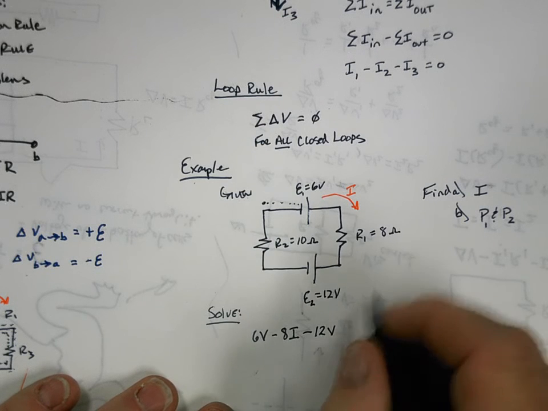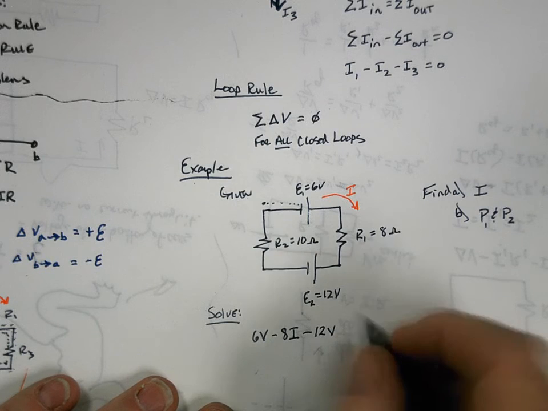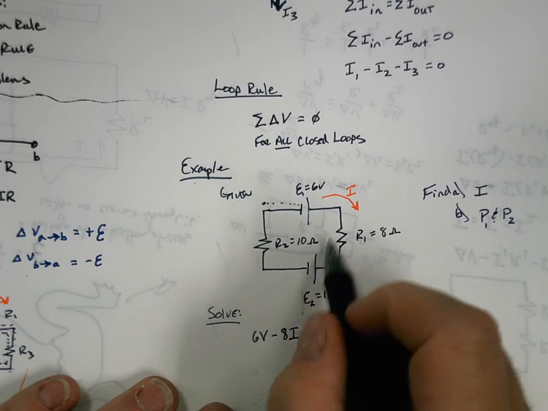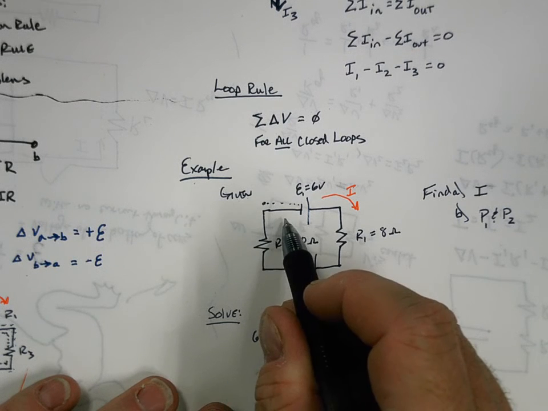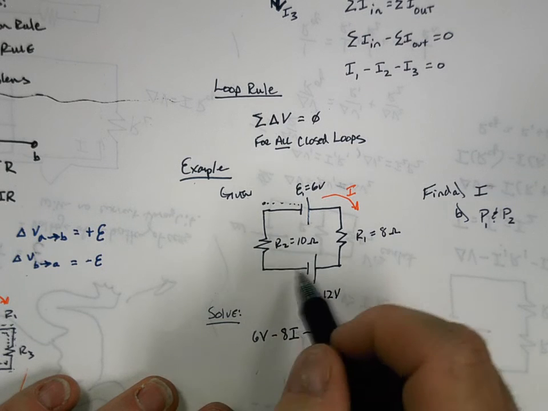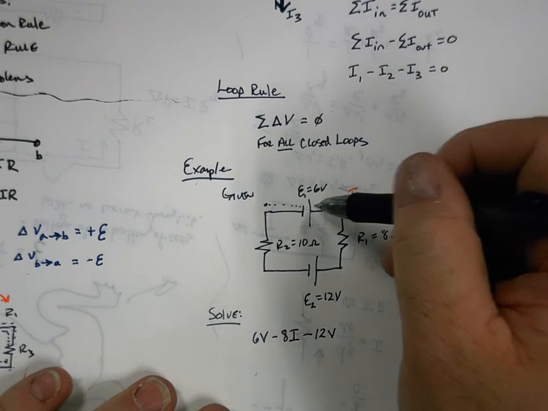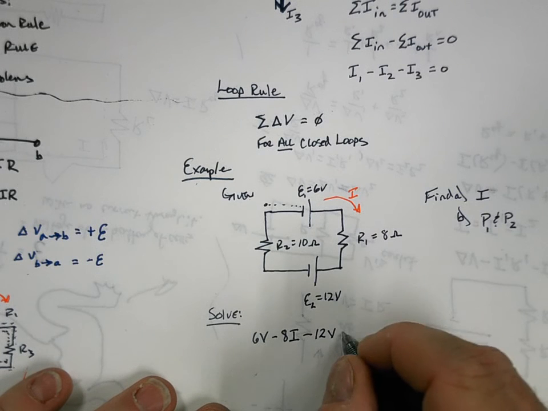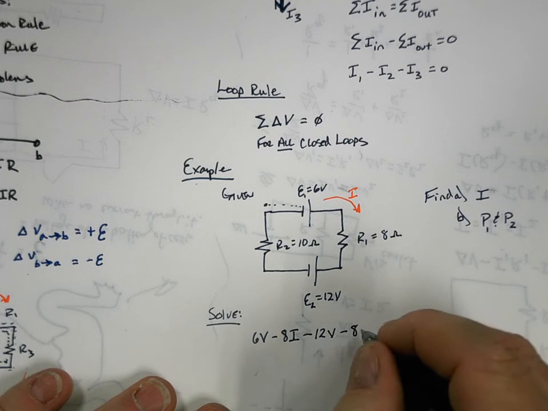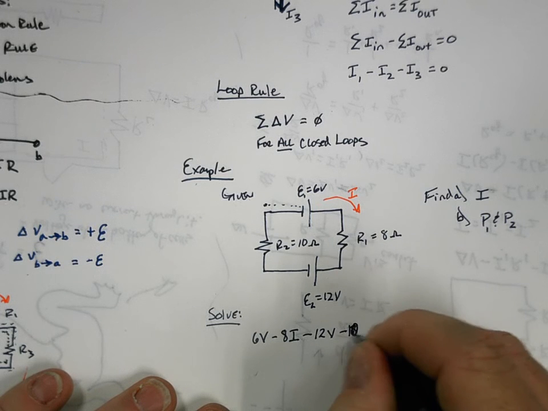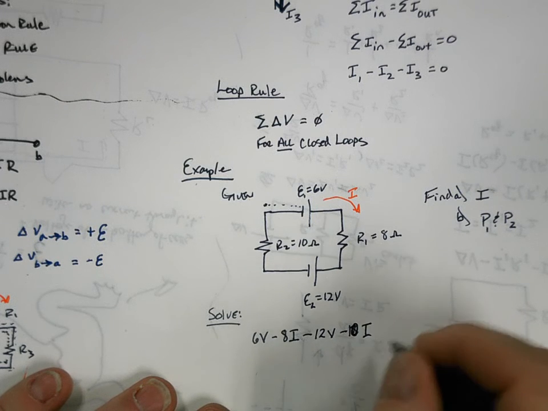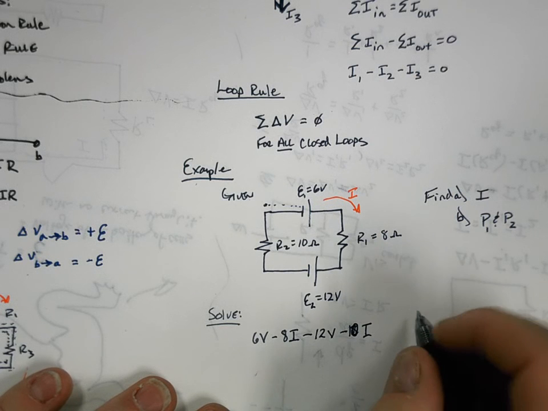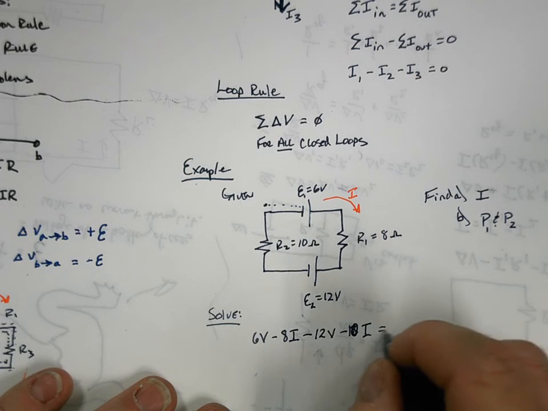This is also a voltage decrease as we go in this direction, right? According to this battery, that's a decrease. And that becomes negative 10 times the current. And all of this equals 0.